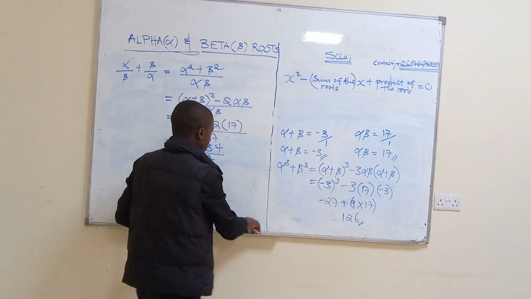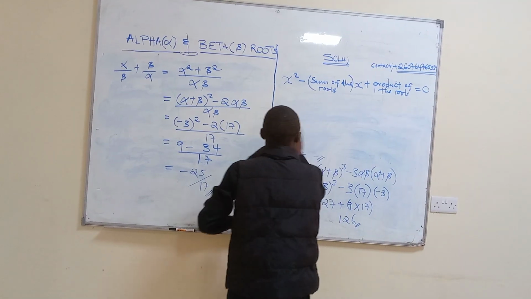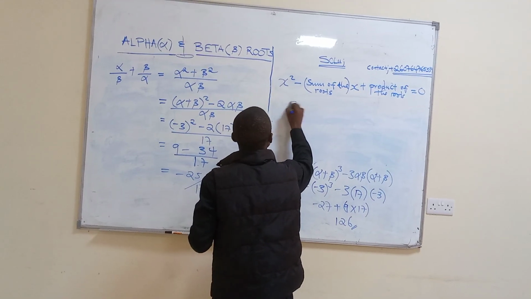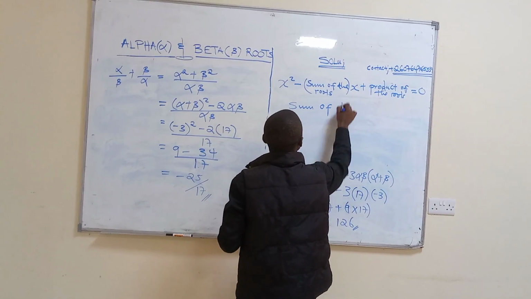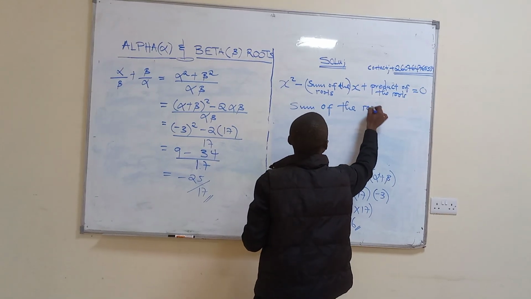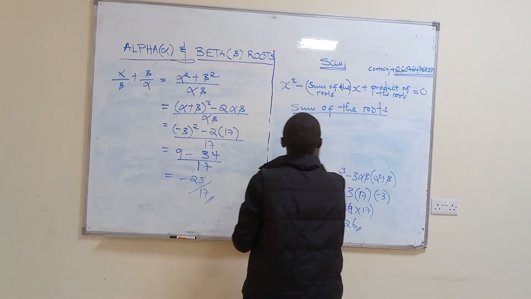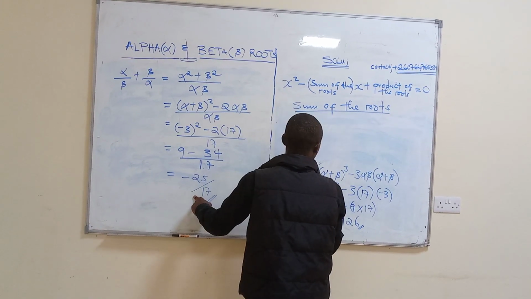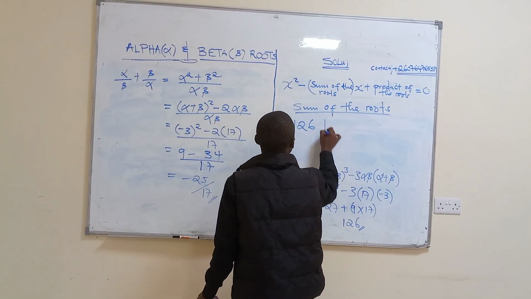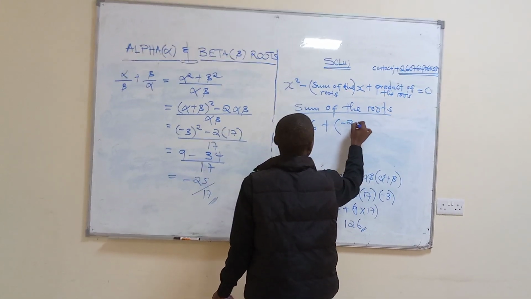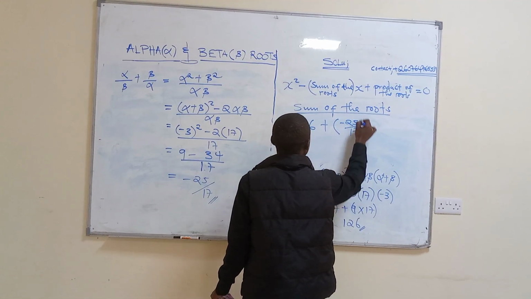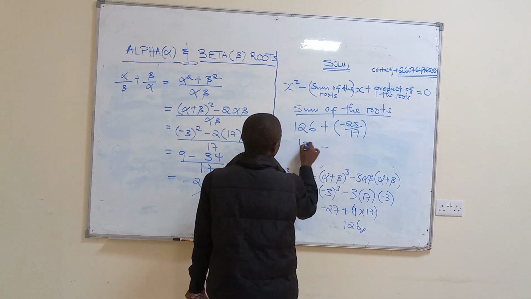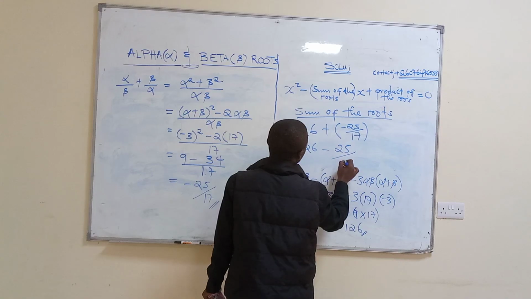Sum of the roots: you are adding this value with this value that you have calculated. So it's 126 plus negative 25 over 17.